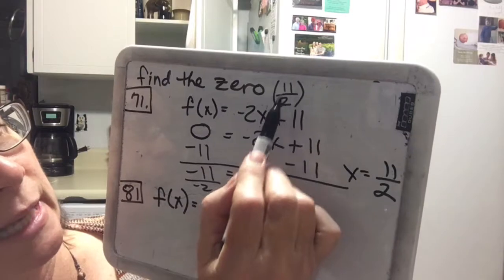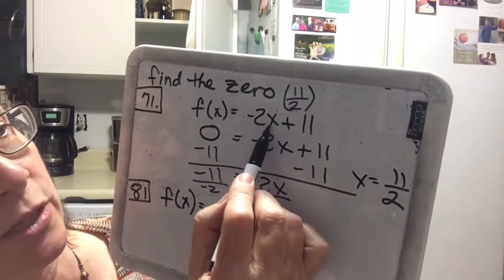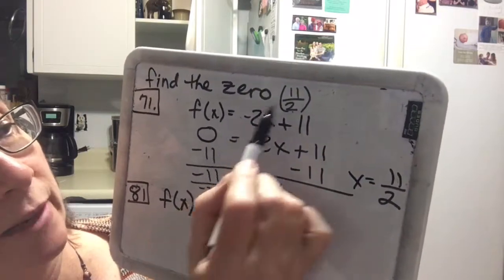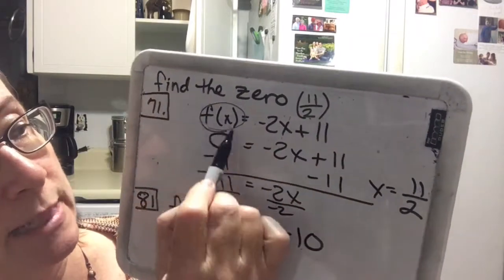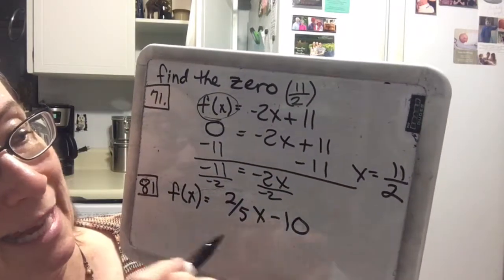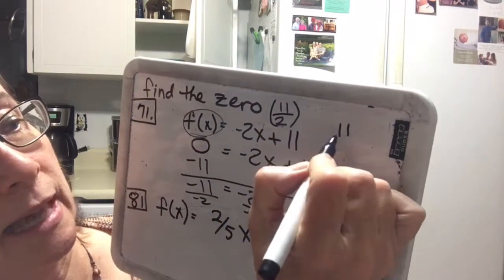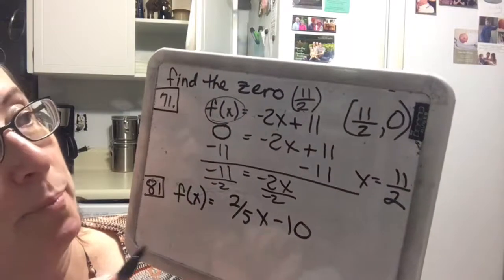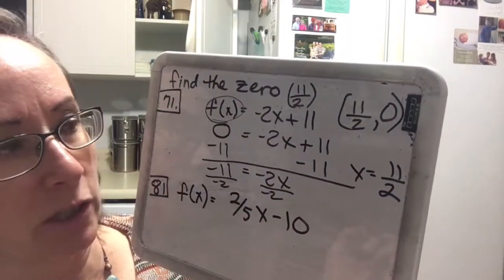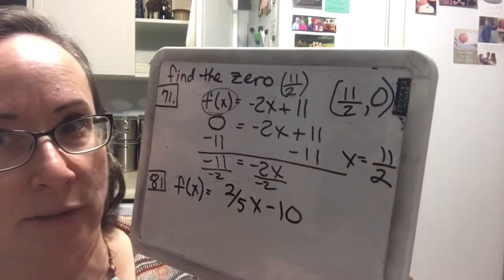If we multiply 11/2 times negative 2, the 2's will cancel, but I'll get negative 11 plus 11, and that gives me the 0 that I wanted. So my x-intercept is (11/2, 0), but the zero of the function is just 11/2.